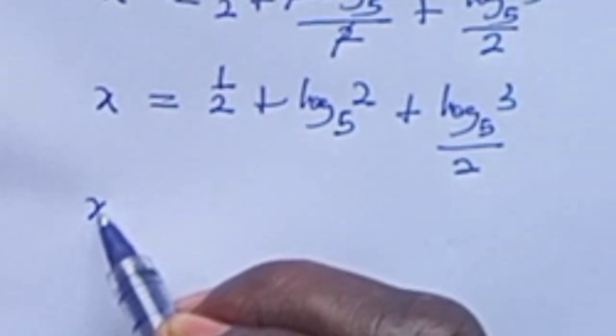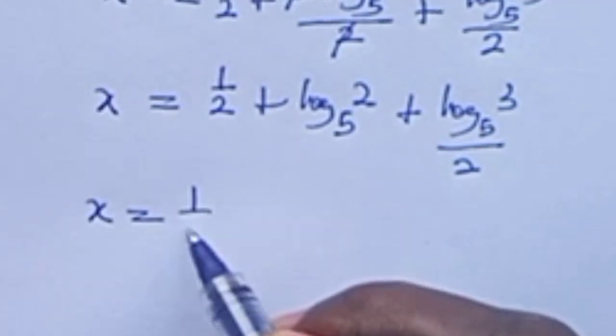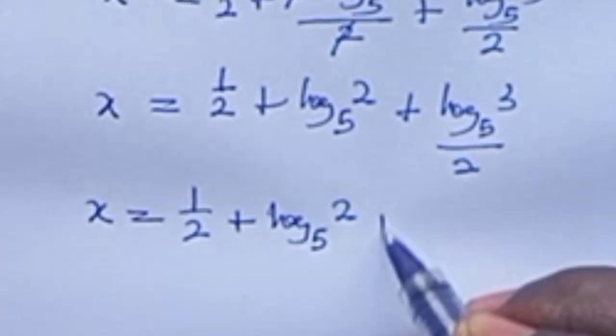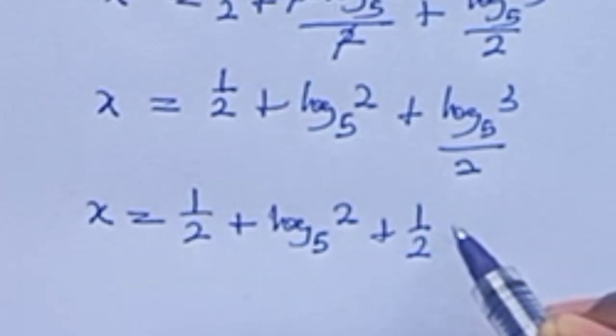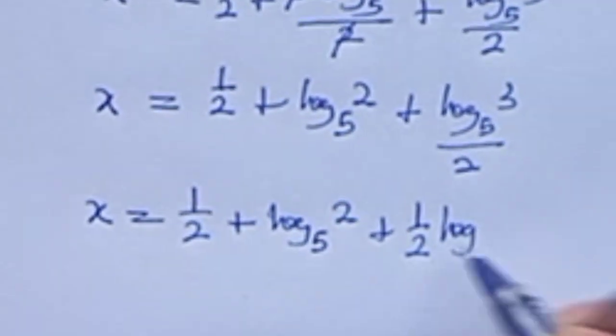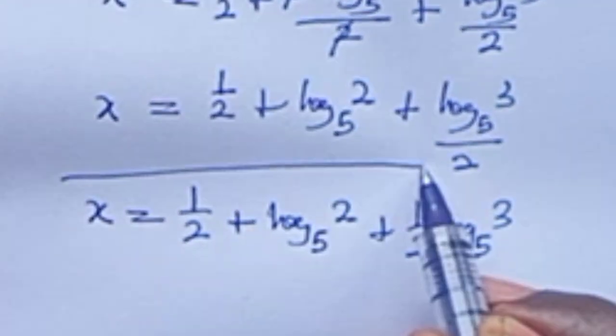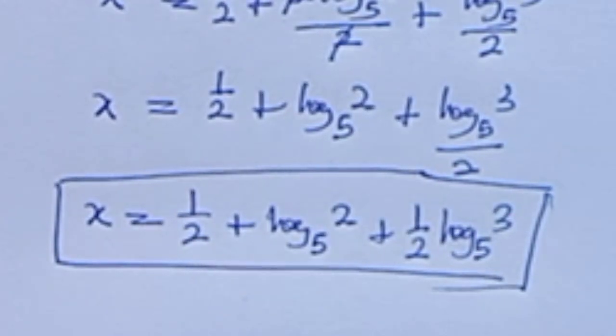And this can be written also as x equals 1 over 2 plus log 2 base 5 plus 1 over 2 log 3 base 5. And this is the value for x.